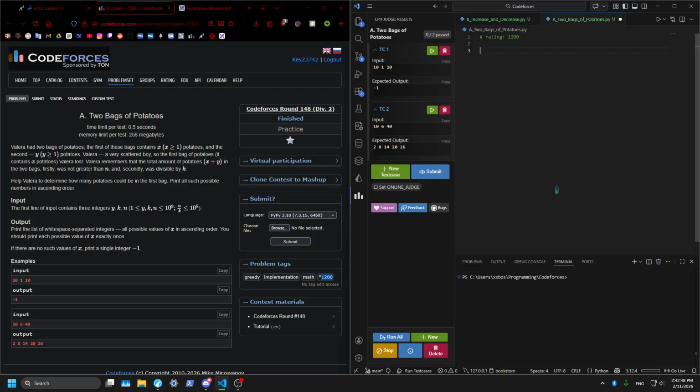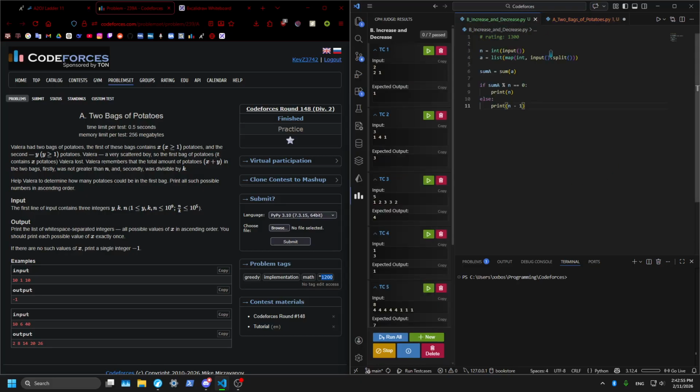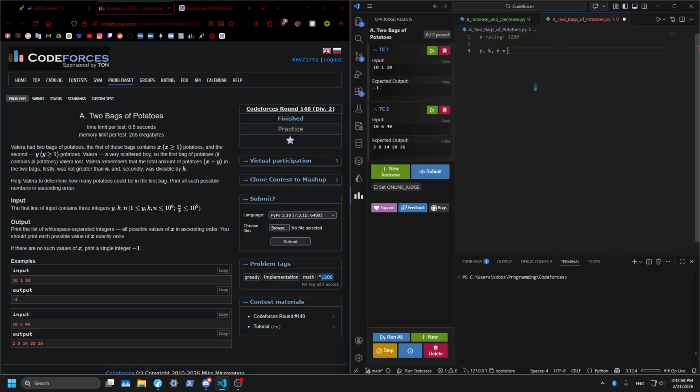So X, Y, K, N equals map into input split. All possible values of X.